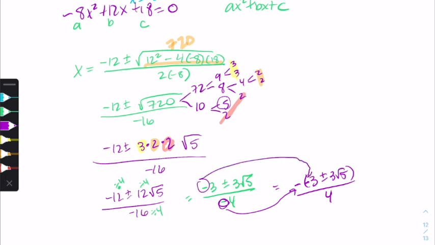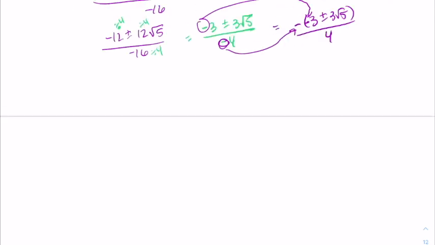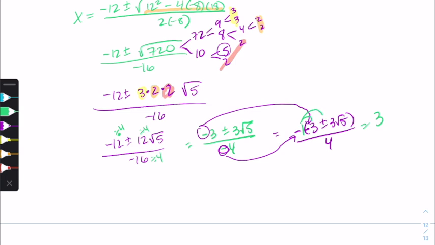Okay. So if I distribute this negative, that's right here, this will be positive 3. If I distribute the negative here to the plus, it turns into a minus. If I distribute the negative to the minus, that turns into a plus 3 root 5 all over 4.